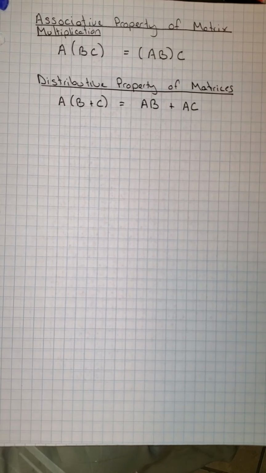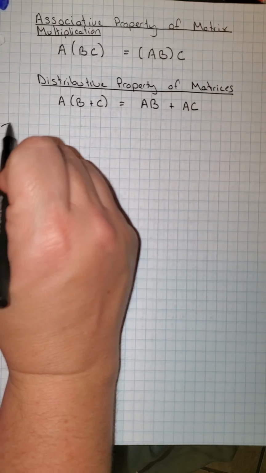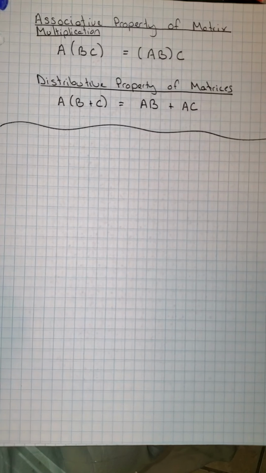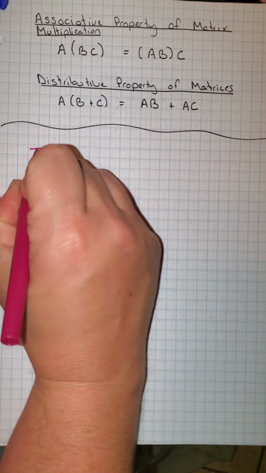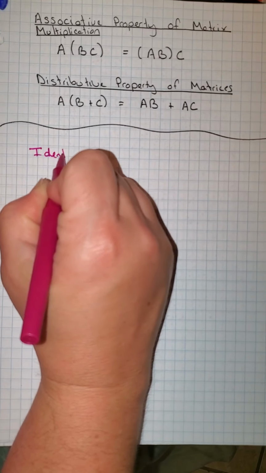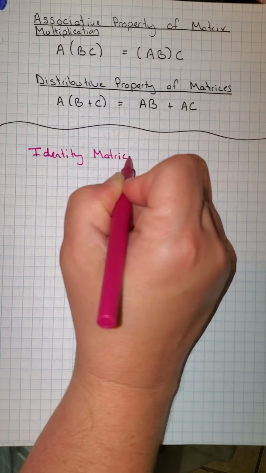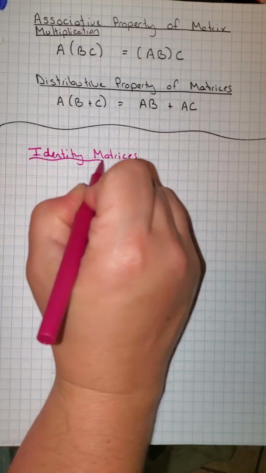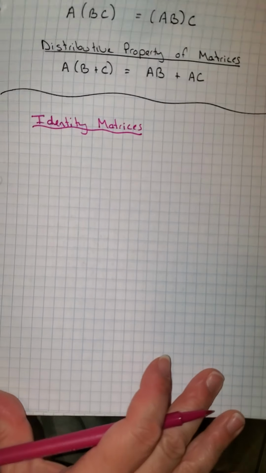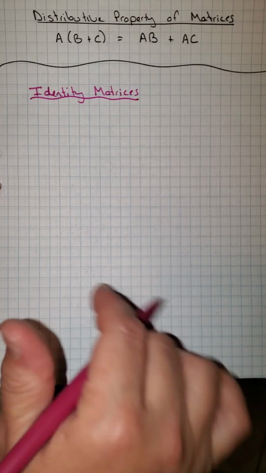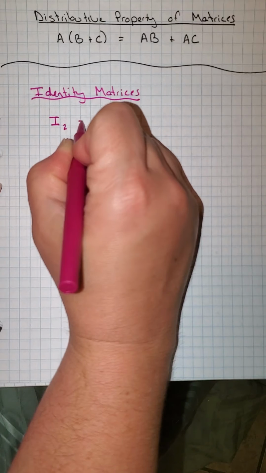Now, just like there was a zero matrix, there's also an identity matrix. Okay, let's split this off from those properties. So the identity matrices. The 2 by 2 identity matrix is represented with I sub 2.